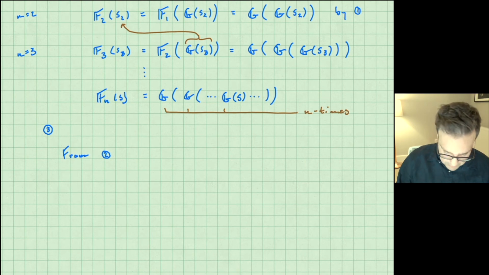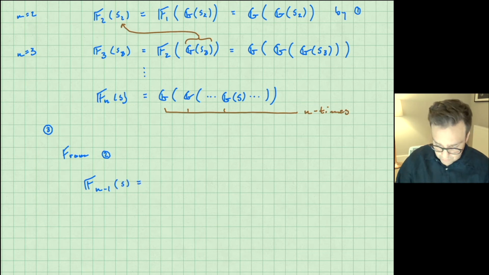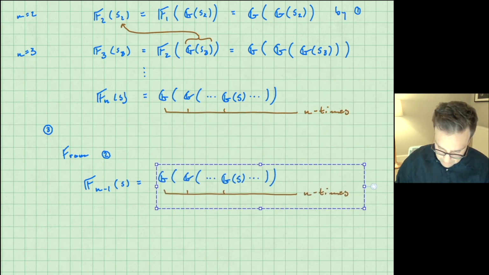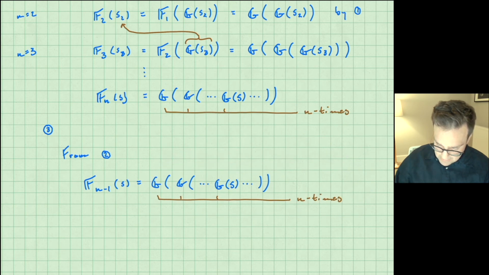We've got, and I'm going to evaluate it at n minus 1. Right, this guy is equal to, and so let's just steal this, just like that, except it's not n times, it's n minus 1 times.